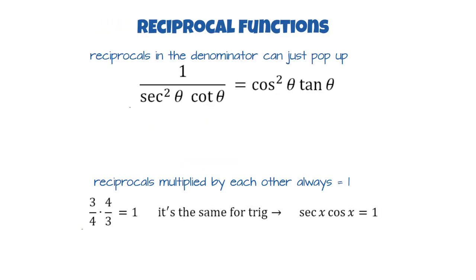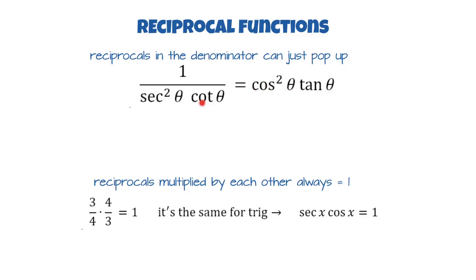All right, so here is one where we might use reciprocal functions. These are just hints on this one. If you're going to use a reciprocal function, here's a quickie little shortcut. If you have a function in the denominator, like I have a secant in the denominator, that's 1 over secant, which is really the same as just a cosine. So what I can do is just pop that up and call it cosine squared.